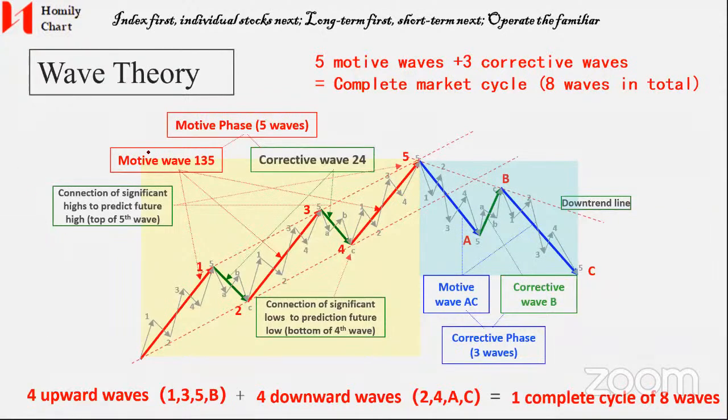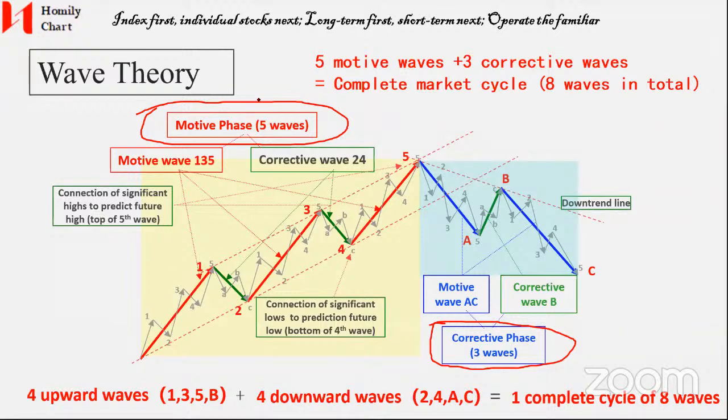The first phase is called the motive phase. The motive phase includes 5 waves. And then the second phase is called the corrective phase. The corrective phase includes 3 waves.